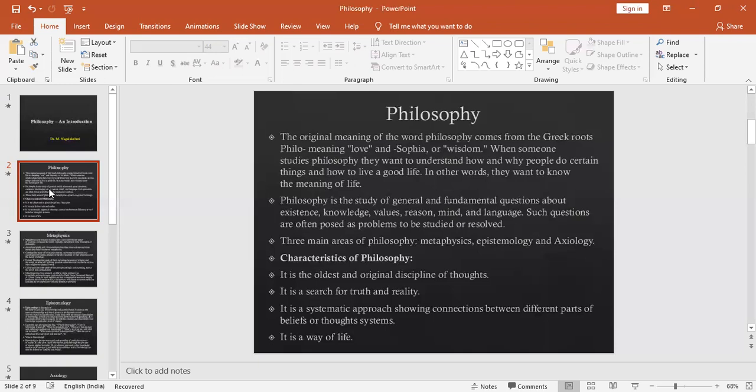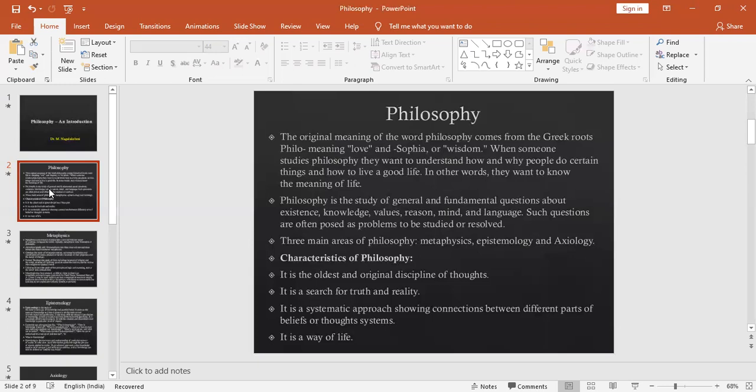When you see this philosophy, the study of general and fundamental questions about existence, knowledge, values, reason, mind, and language, you can relate all these theories to these very words. When you see existence, you can connect this with existentialism. Knowledge and values, you can connect with sociological theory.